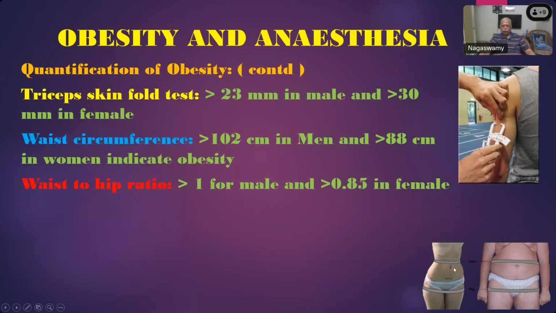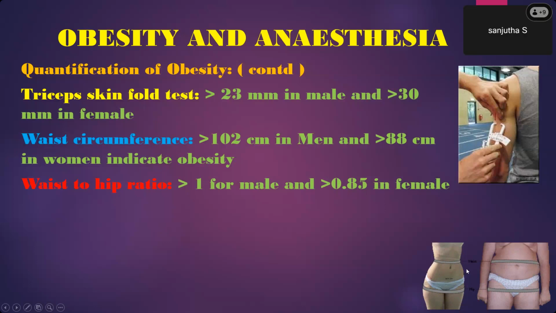In these two pictures, if you see, here the waist is very small. Maybe this is a normal person, and this is the hip circumference. And here this is the waist and this is the hip. So if you measure this, what can you find out? Central obesity and peripheral. Very good.